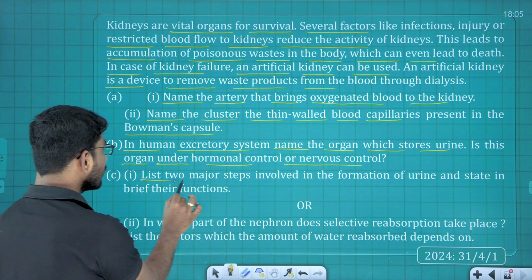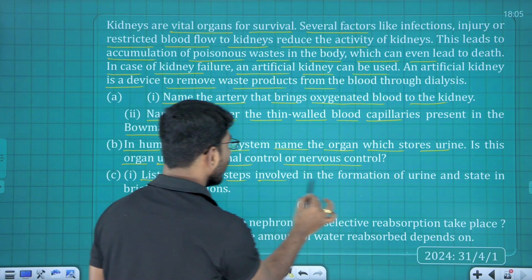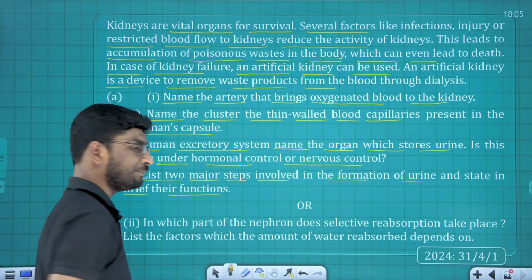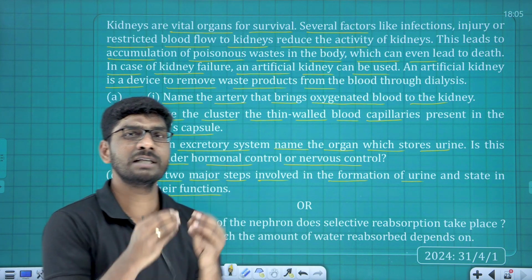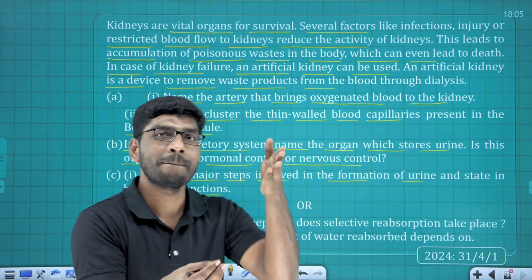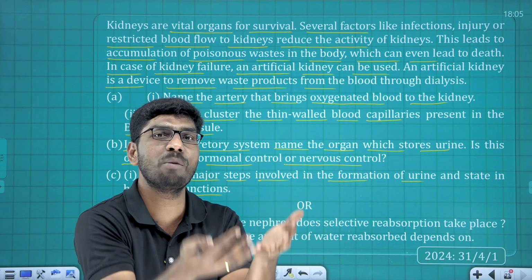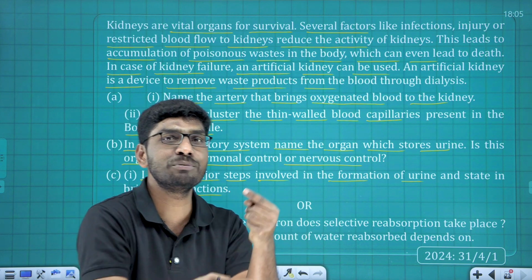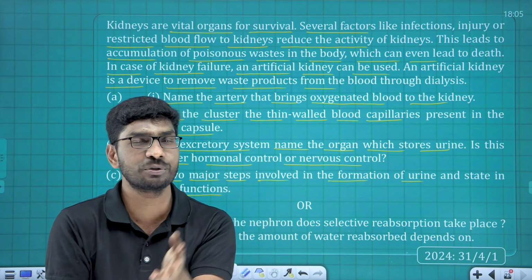Next, list 2 major steps involved in the formation of urine and state their functions briefly. First step is ultrafiltration. Blood undergoes filtration in the Bowman's capsule to form a filtrate. Second step is reabsorption, active reabsorption.